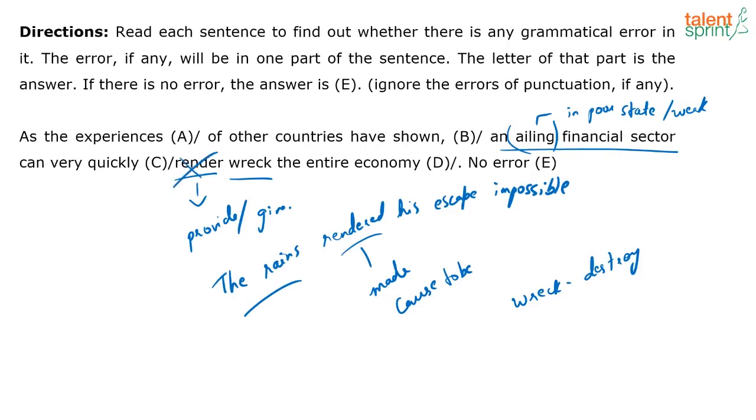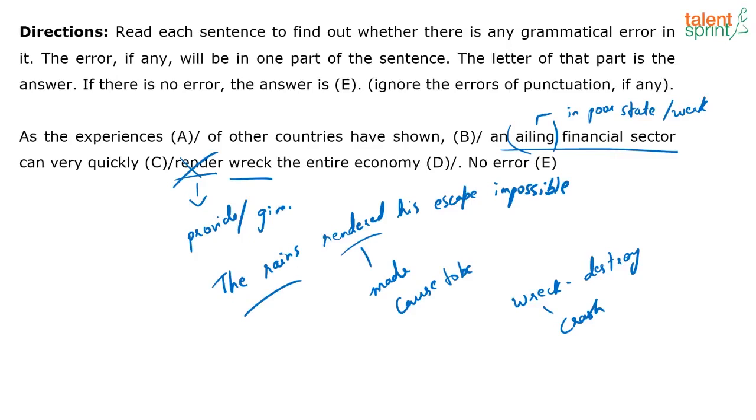It just is unnecessary there in the context. It's an inappropriate word choice which is not completing the meaning. If I remove "render", I can say an ailing financial sector, which is a poor financial sector, can very quickly destroy the entire economy. Are you following? The entire economy can crash because of an ailing financial sector, because of a poor financial sector, because of a weak financial sector. Right? So wreck means to crash, destroy, ruin, damage.